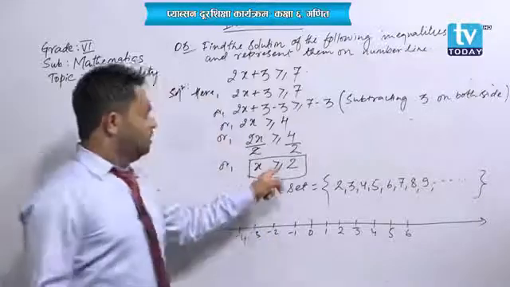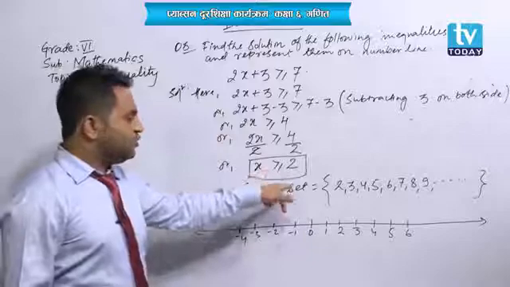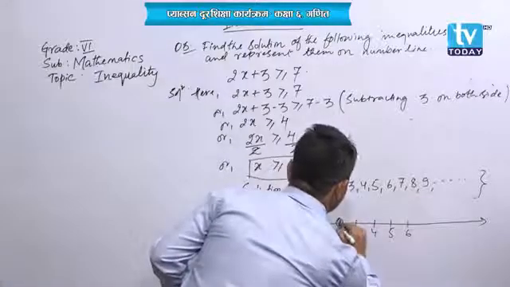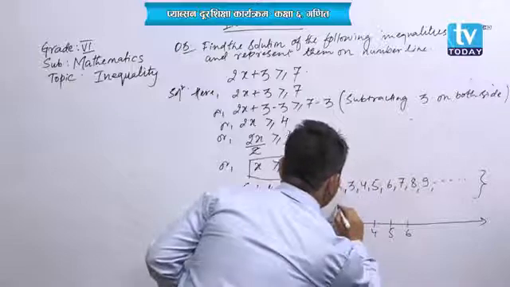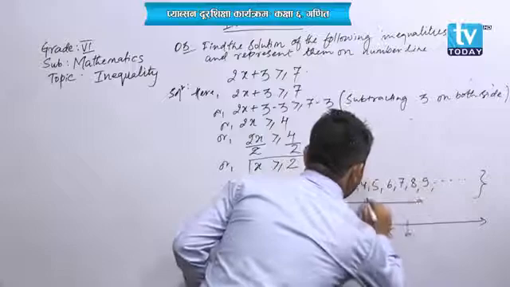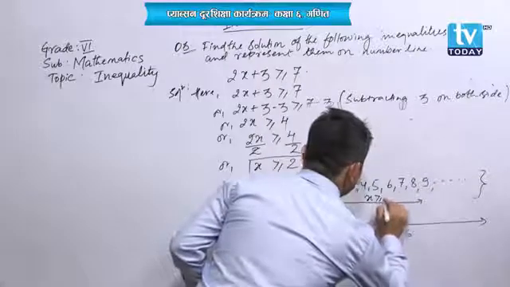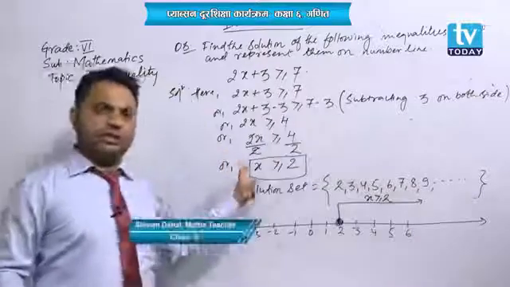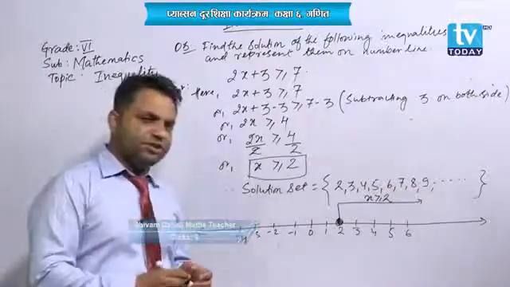Here the value of x is greater than equals to 2, so you have to use dark circle. x is greater than equals to 2. All right. Understood this? Okay. Thank you very much.